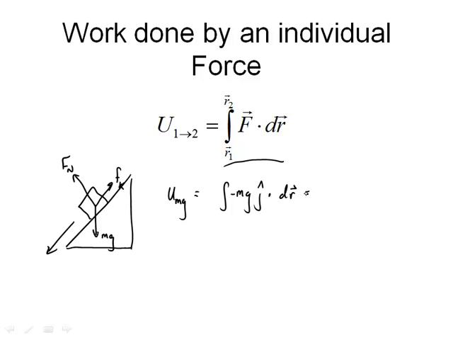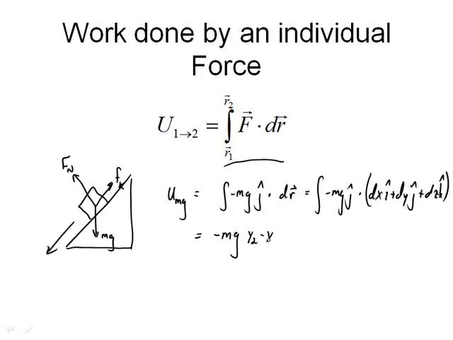Remember that dr is equal to dx in the i direction plus dy in the j direction plus dz in the k direction. And so since this is a j hat, only the y component even comes into play. And mg is constant, so that comes out of the integral, minus mg times y2 minus y1. That's the work done by gravity.